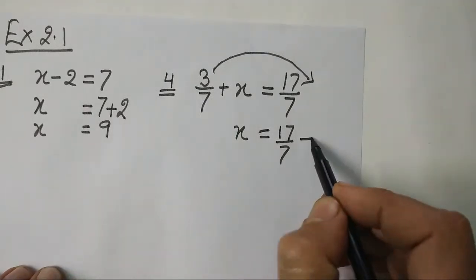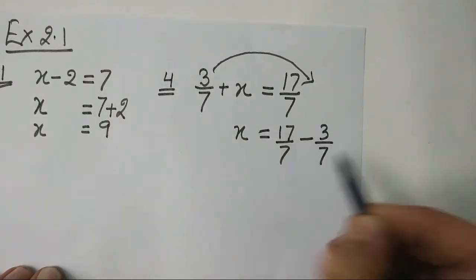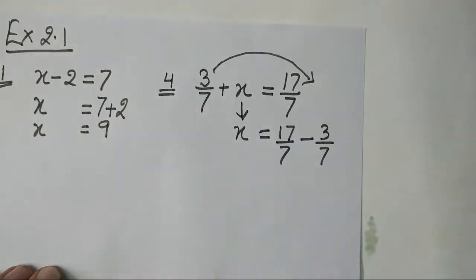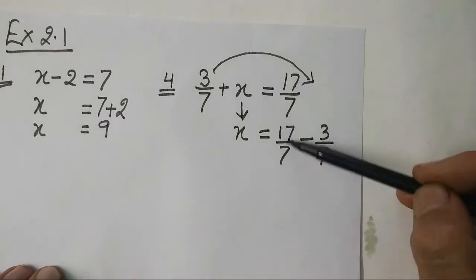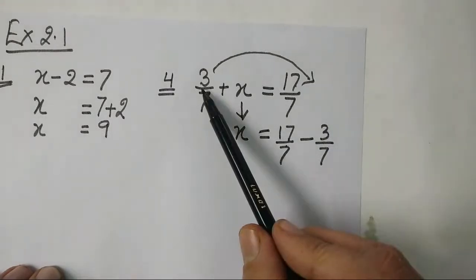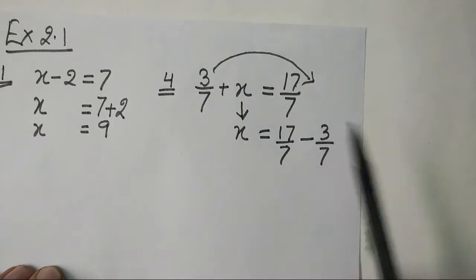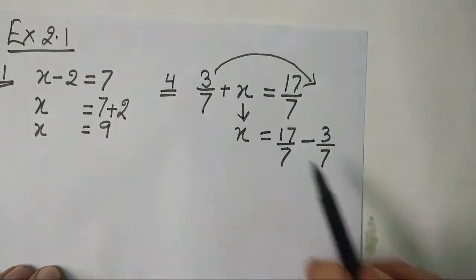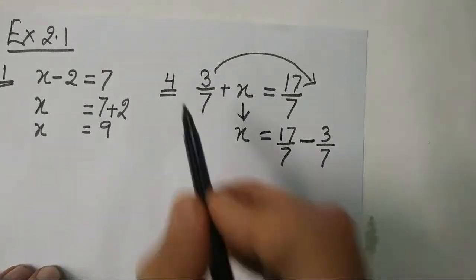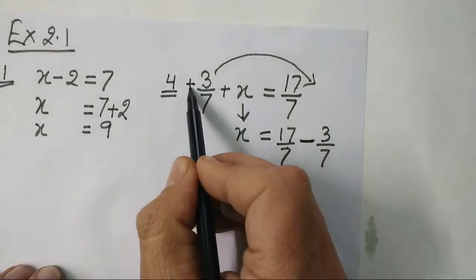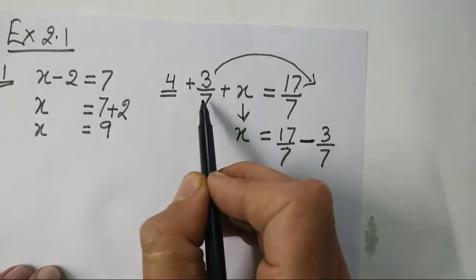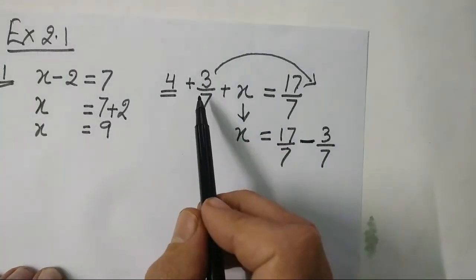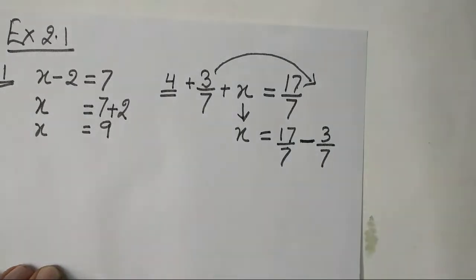It will become minus 3 upon 7. Why is it minus here? Because when you transfer the number, the sign of the integer or the fraction changes to the other side. So plus 3 upon 7 will become minus 3 upon 7.